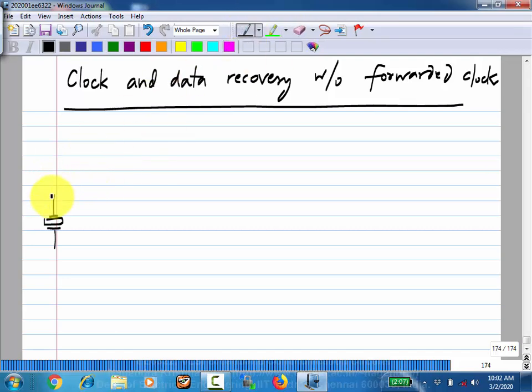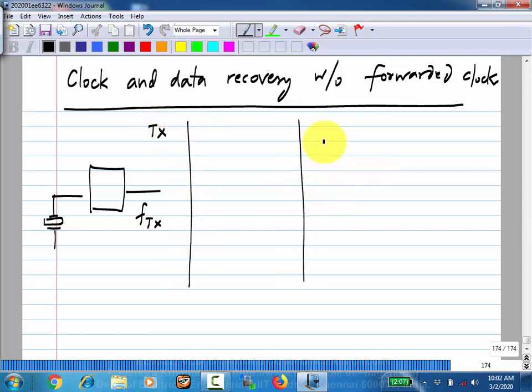The crystal oscillator goes to some frequency multiplier, and you have some frequency of the transmitter. And then let's say on the receiver side, you have a physically different crystal. I mean, it has to be different because the receiver is far from the transmitter and you don't have the forwarded clock from the other side.